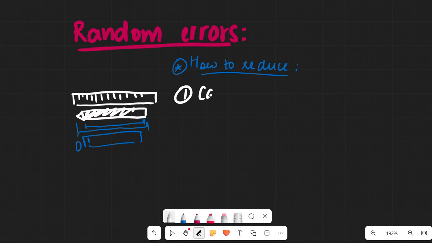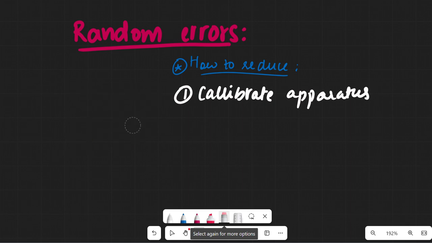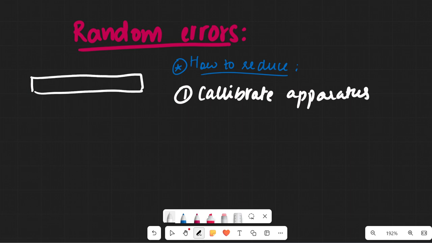Number 1, you calibrate your apparatus accurately. What does that mean? Sometimes when you buy a scale, it may not have the actual measurements. The numbers may be wrong. Suppose this is a known brand, let's say a Faber-Castell scale, with 0, 1, 2, 3, 4, 5, 6.